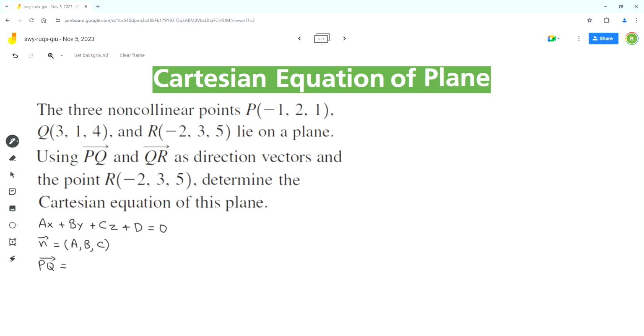We should break up this vector into position vectors for points P and Q. We can use point Q for position vector OQ, and we can use point P for position vector OP.